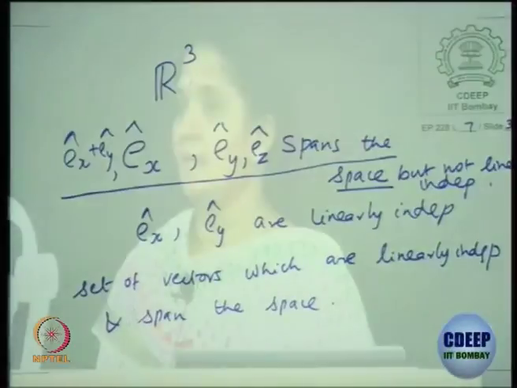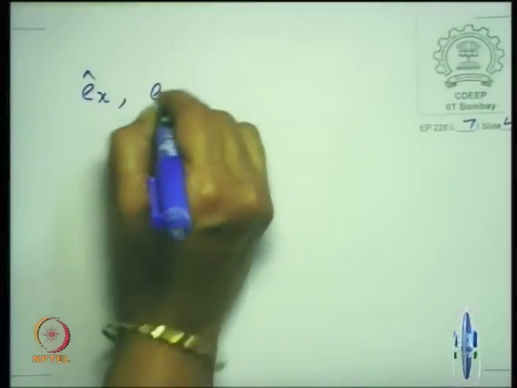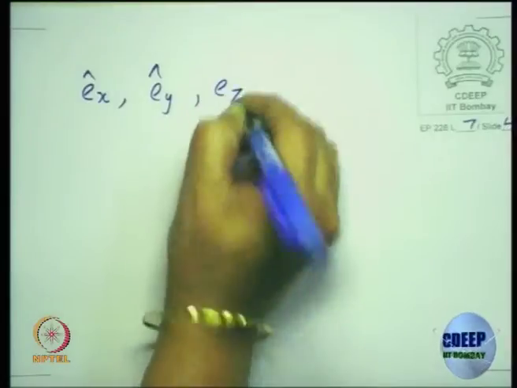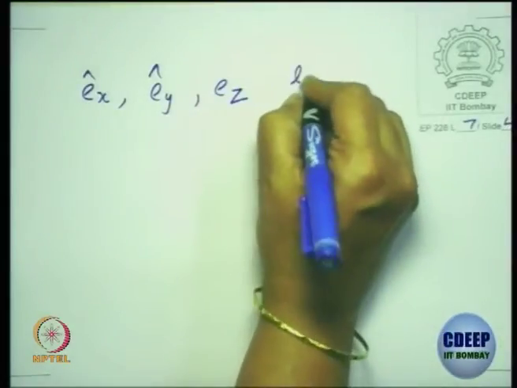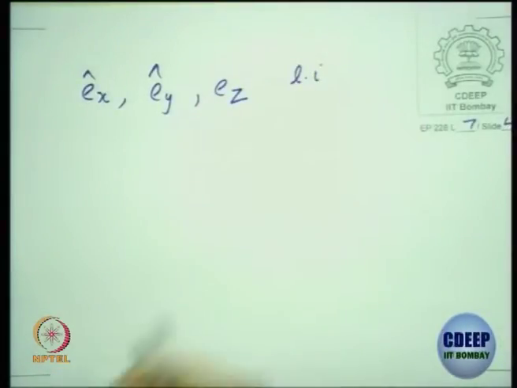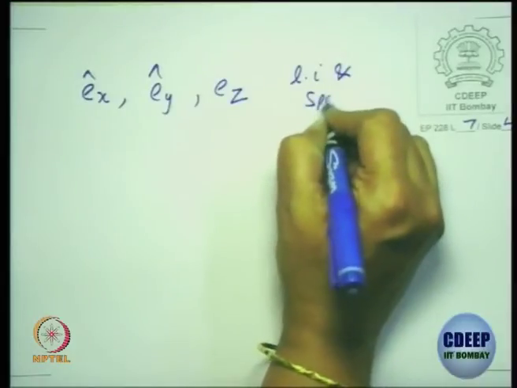So there are at least 2 possibilities, actually many possibilities. You could have Ex, Ey, Ez. I will put L.I. for linearly independent and span space.